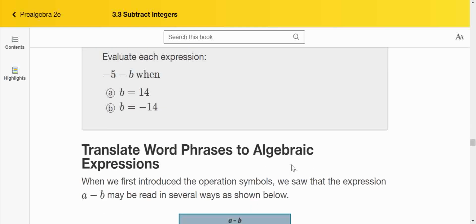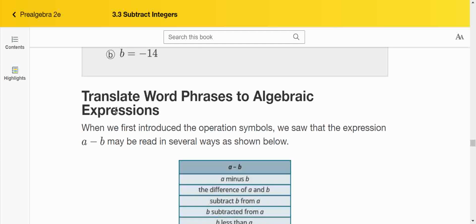Okay, some try-it problems. Translate word phrases to algebraic expressions. When we first introduced the operation symbols, we saw that the expression a minus b may be read in several ways as shown below.